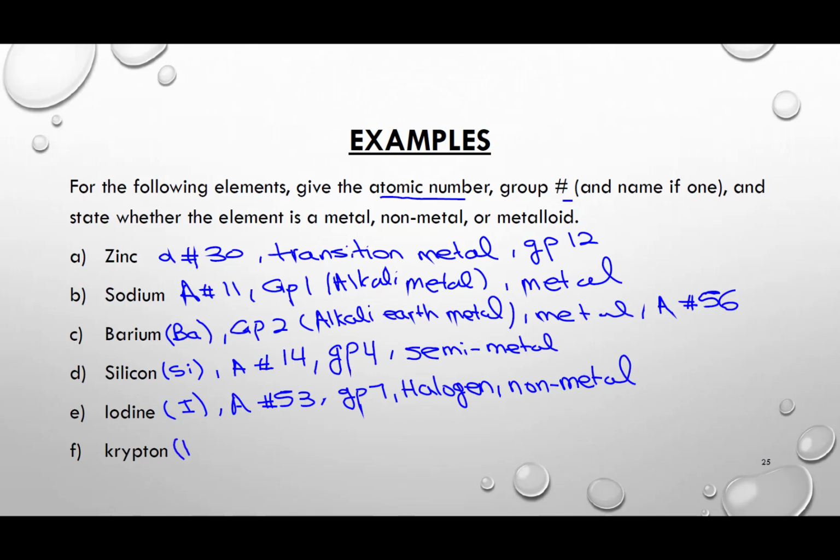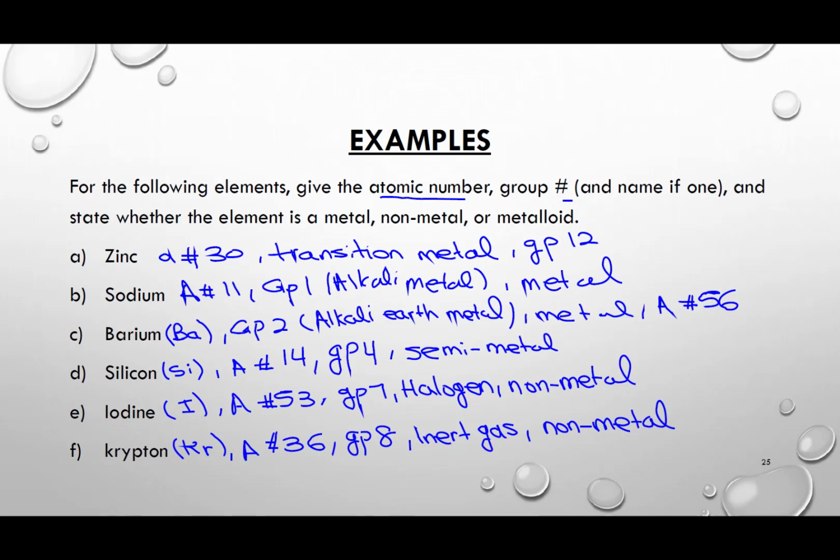Krypton, Kr. Its atomic number is 36. It's in major group 8. It's an inert gas or noble gas, whichever you want to write down. And also a nonmetal.